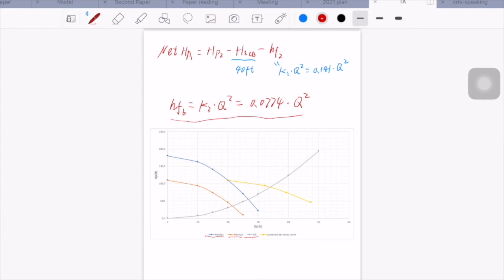Since two pumps are used in parallel, we added their discharges together at the same HP, so we can get the yellow line, the combined net pump curve.